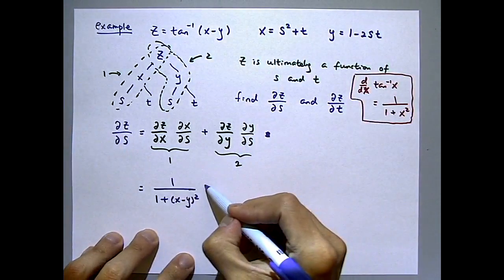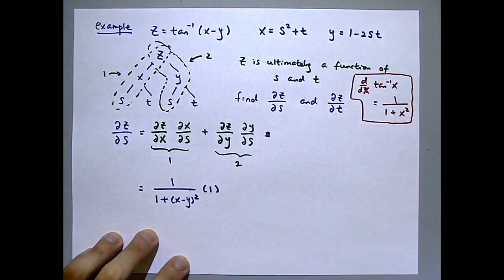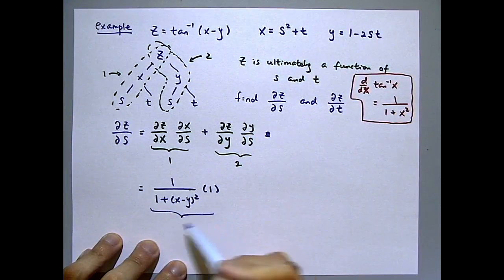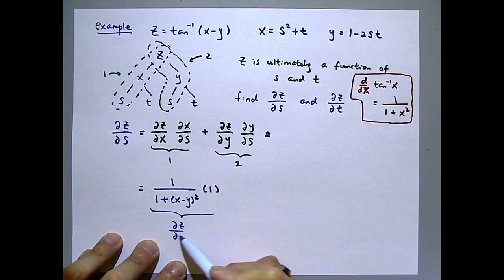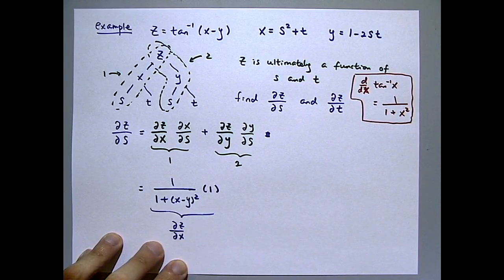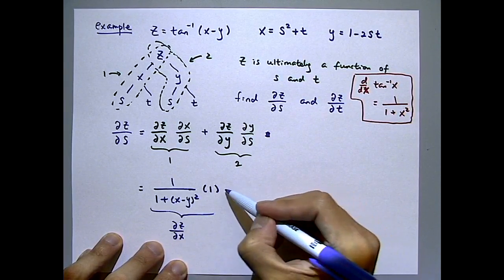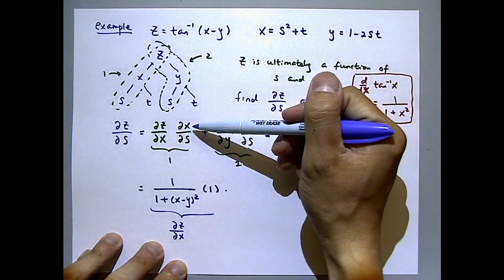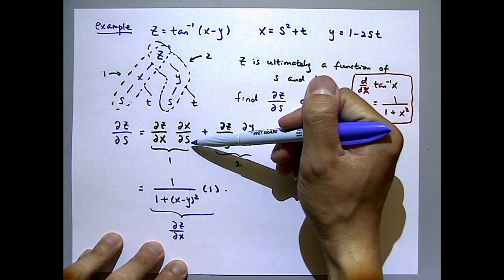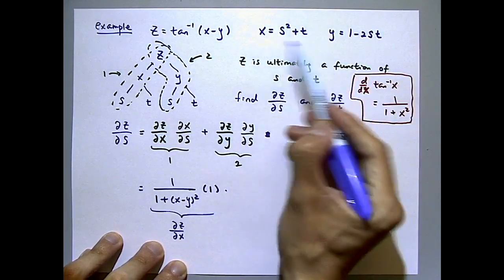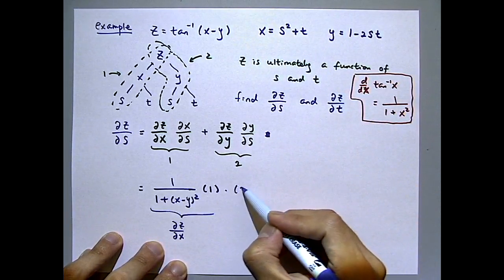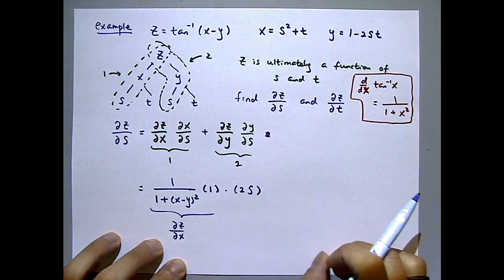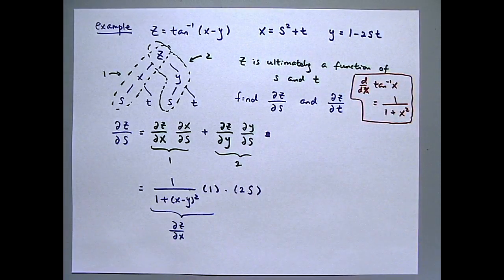So this is really multiplied by 1 here. This guy here is partial z, partial x. Then partial derivative of x with respect to s, 2s. Is that clear?